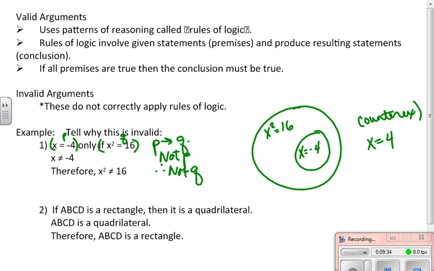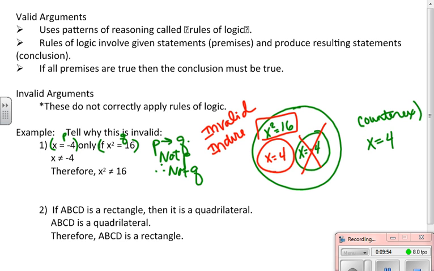When I said x is not negative 4, I eliminated that, but there was a whole other set that said that x could be 4. I didn't completely rule out that that was false. And so this is an invalid indirect argument, because it should have said not Q, therefore not P, if I wanted it to work.